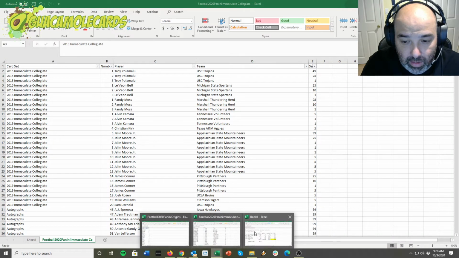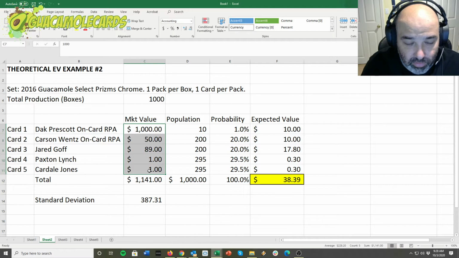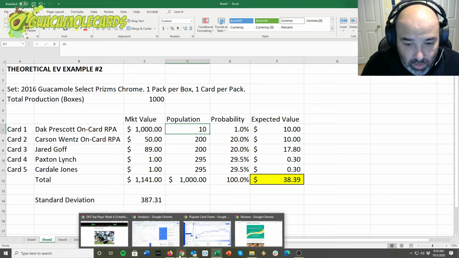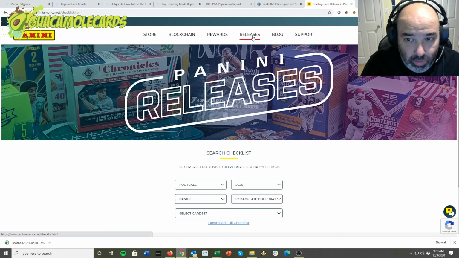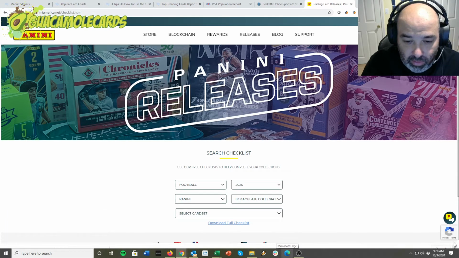So once we have that, we can begin to put in our market values. Population is a little tougher, but there are ways to get it. If you go to Panini's website, go to releases, it brings you to this page. You can select what you want, hit download full checklist, and it'll download. I already have this downloaded.